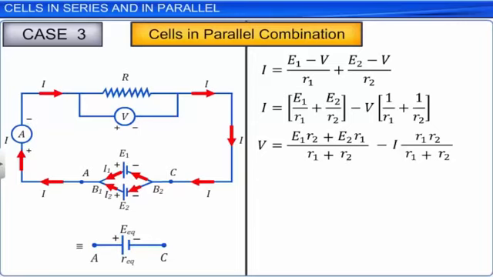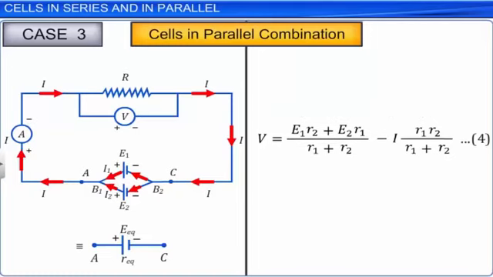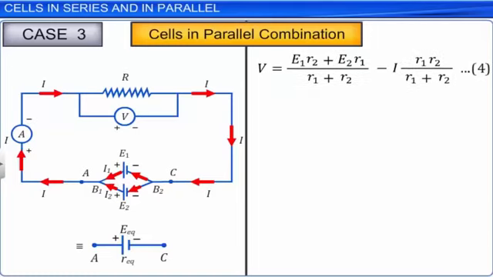We can replace the combination of two cells with one cell of EMF, EEQ, and internal resistance, REQ. We can now write V is equal to EEQ minus I into REQ. Let this be equation 5.